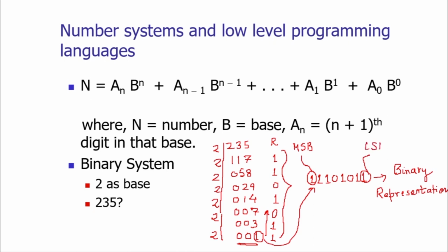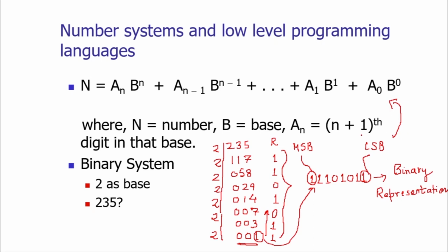This is the LSB, least significant digit. In this way we can simply convert the number 235 into its binary representation. The same binary number can be converted back into the decimal equivalent by using this equation.